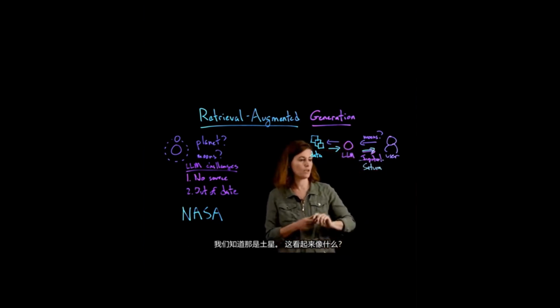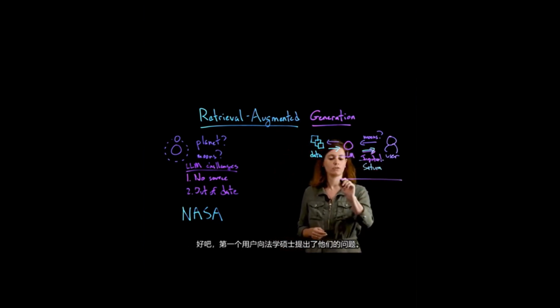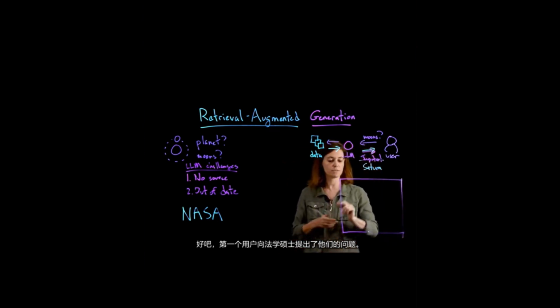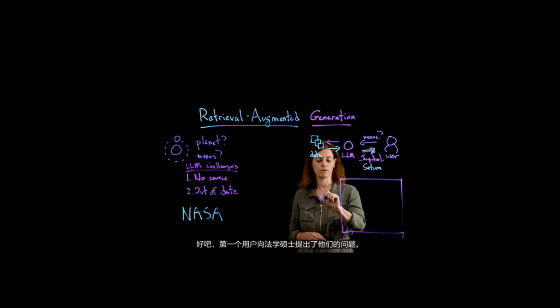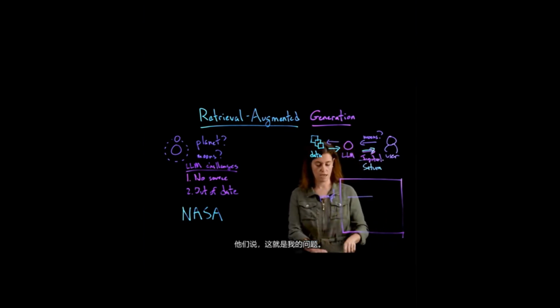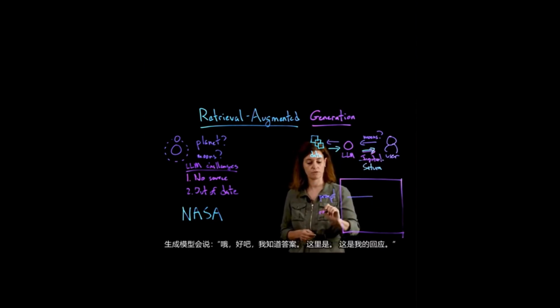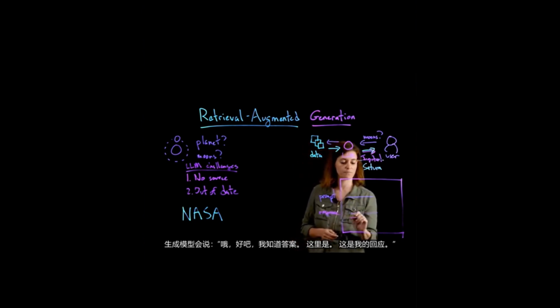What does this look like? Well, first, the user prompts the LLM with their question. They say, this is what my question was. And originally, if we're just talking to a generative model, the generative model says, oh, okay, I know the response. Here it is. Here's my response.